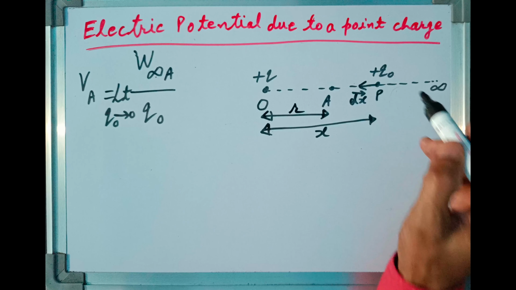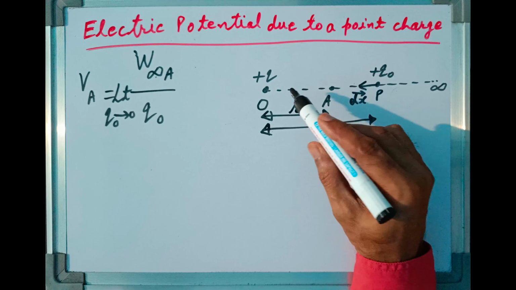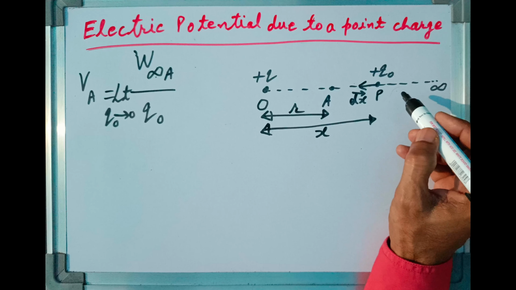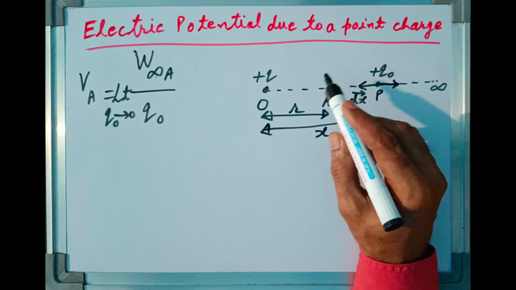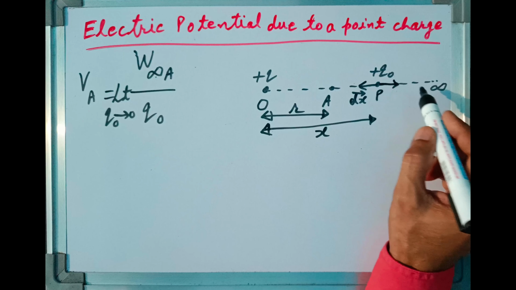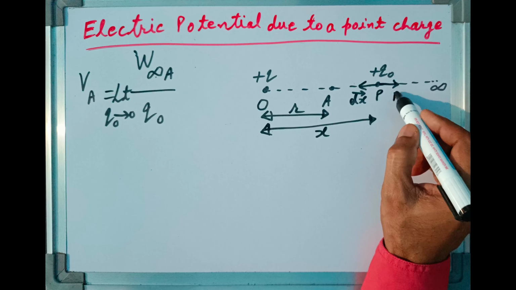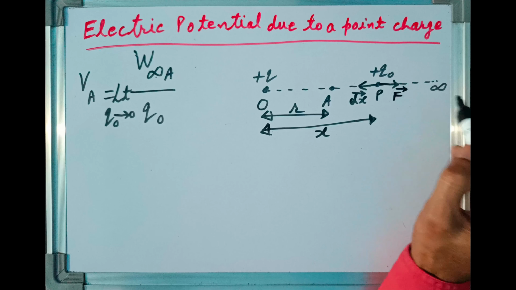At this point P, this test charge will experience Coulomb force from this source charge in this direction. Because both the charges are positive, it will be repelled in this direction. Let me call this force F vector.